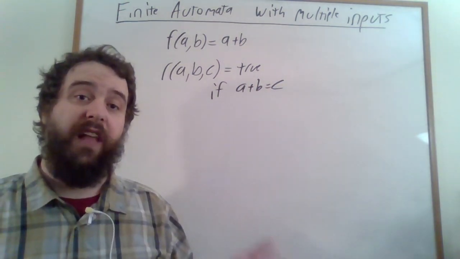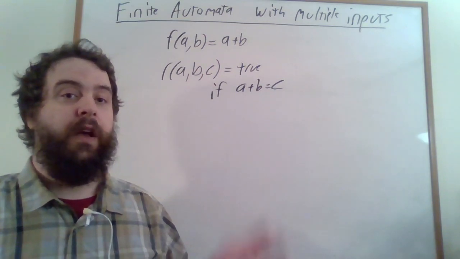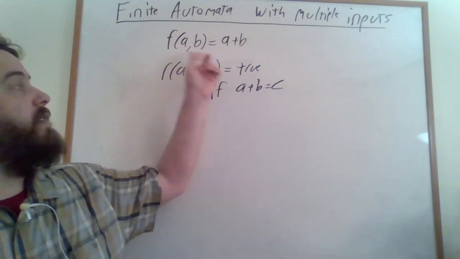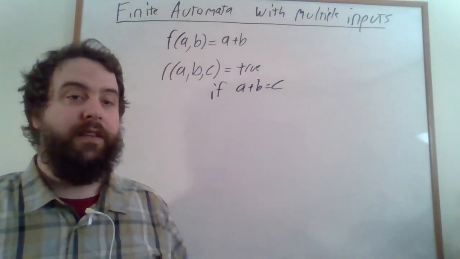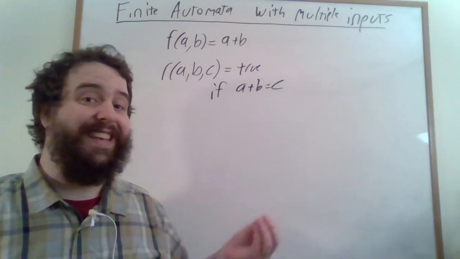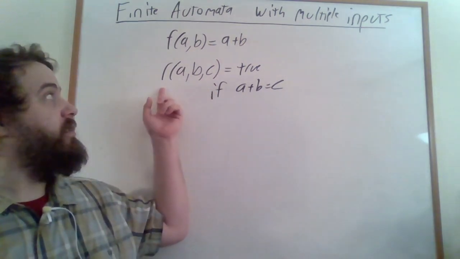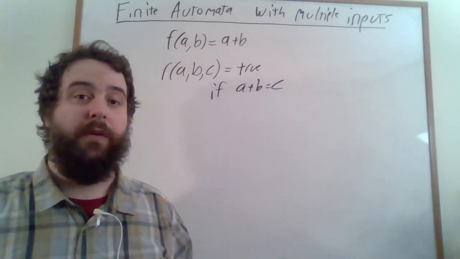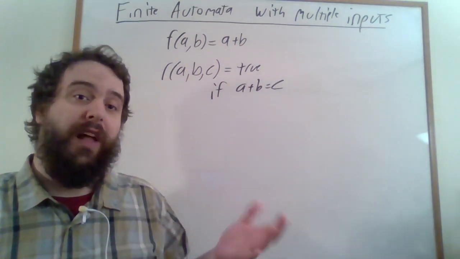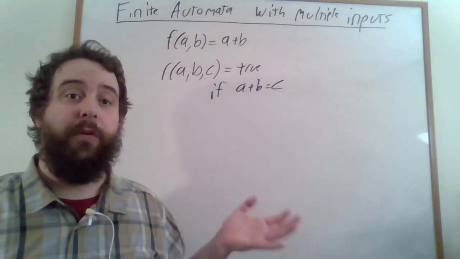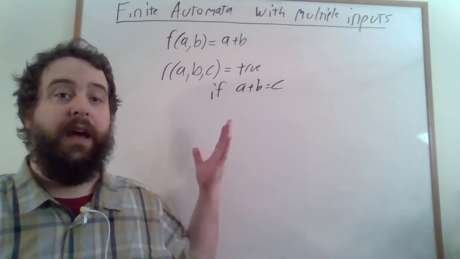With respect to logic, we don't lose anything here when we do this translation, because if we wanted to say something about f of a b, say that it had some properties, all we would have to do is say that there exists some c such that r of a b c, and then c satisfies those properties. So in terms of first order logic, we haven't lost anything by doing this translation. This is a perfectly acceptable way of capturing addition.